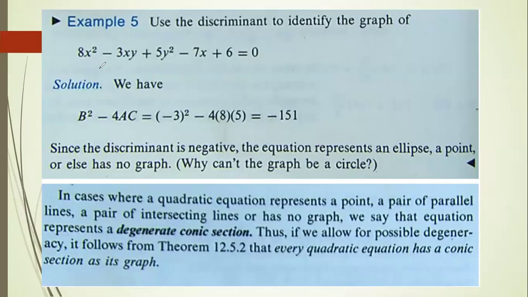So as I said earlier, we have to know certain things before we can identify the graph. Our discriminant is b squared minus 4ac. So the first thing we have to do is identify our b, or b squared, sorry. Our b is the xy term coefficient, which in this case is negative 3.